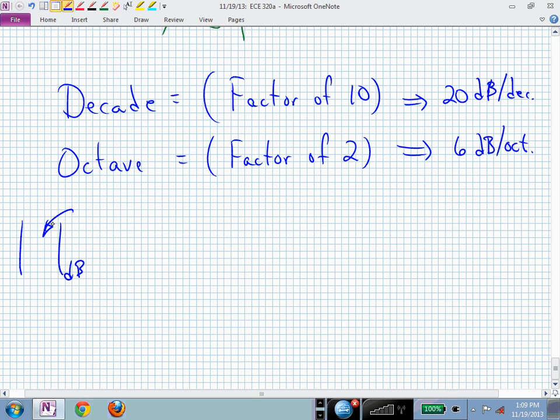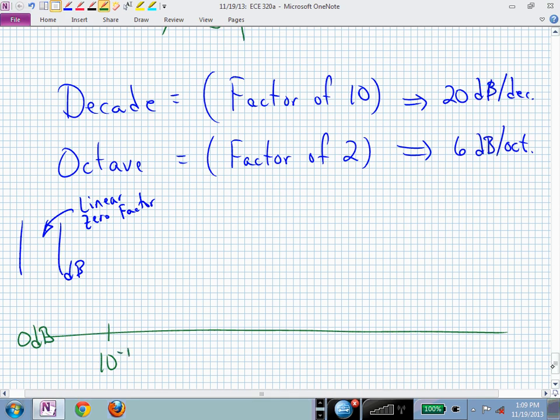All right, so now if we sketch that, here is the magnitude of our linear zero factor, here is 0 dB. Let me do this differently: 10 to the minus 2, 10 to the minus 1, 10 to the 0, 10 to the 1, 10 to the 2.